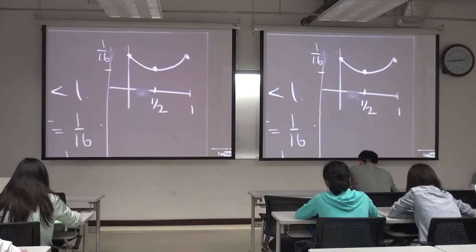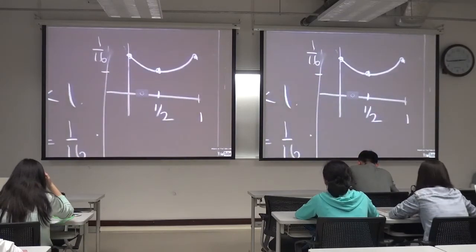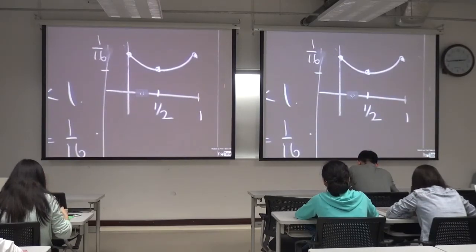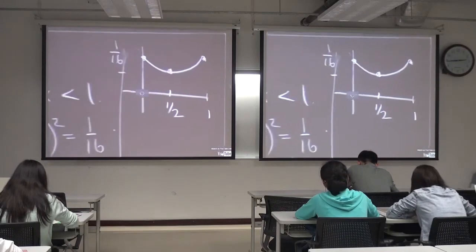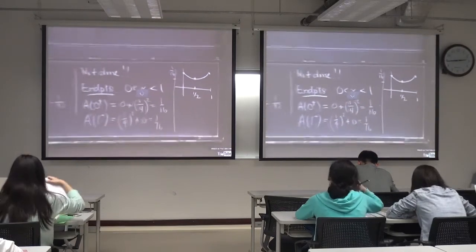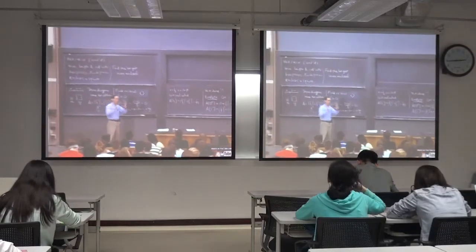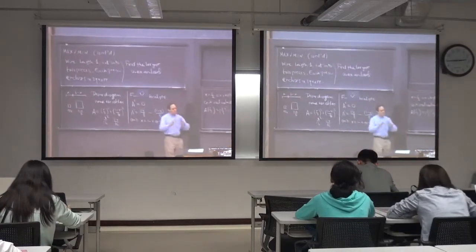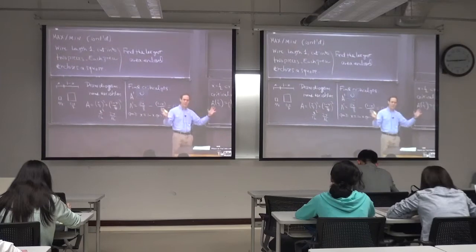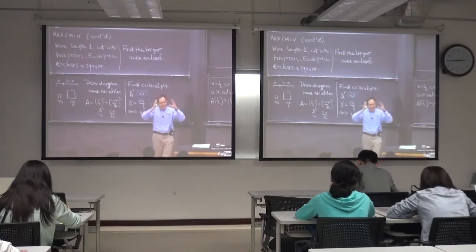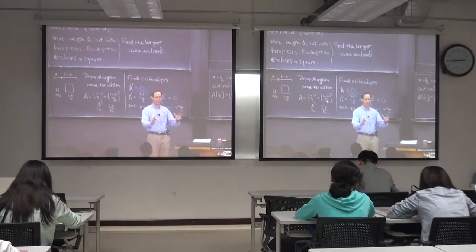All right? So when we found a critical point, we did not find the largest area. We found the least area. So if you don't pay attention to what the function looks like, not only will you about half the time get the wrong answer, you'll get the absolute worst answer.